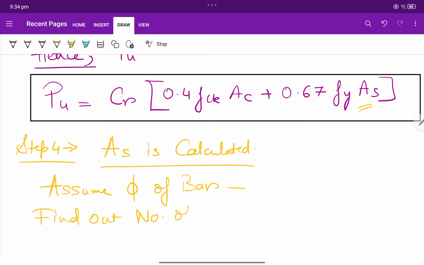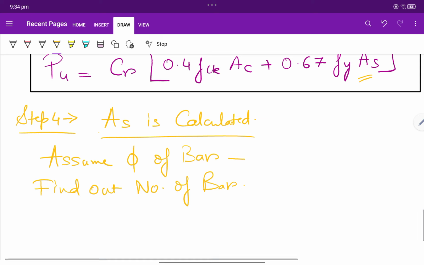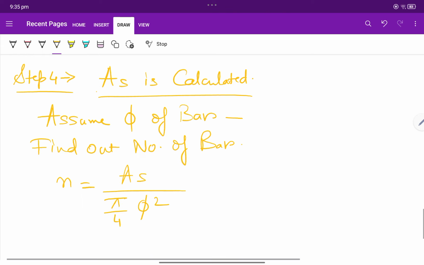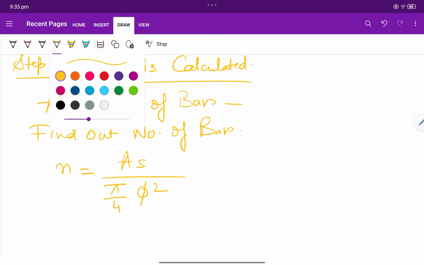N, the number of bars, is equal to the total area of steel divided by the area of 1 bar, where phi is the dia of 1 bar.